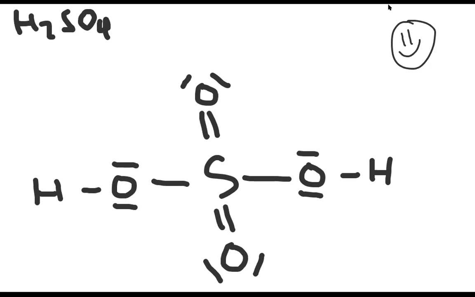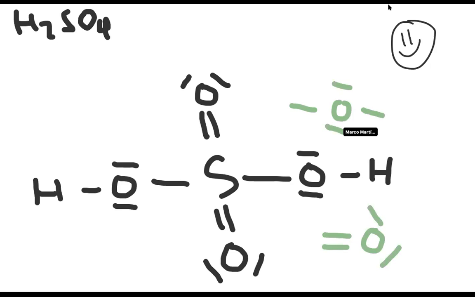So the way that I like to remember when it comes to oxygens, they are always going to show up as like this, double bonded with those 2 like that, or they're going to show up like this. And these 2 are the only way that oxygen wants to show up.